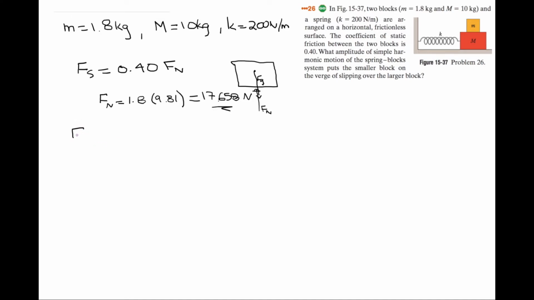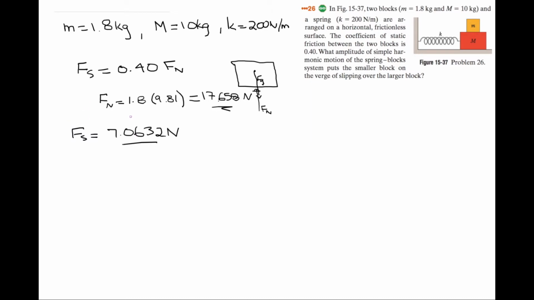That means our maximum static friction force, right when the block is about to slide, is equal to 0.4 times Fn, which is 7.0632 newtons. So we're looking for when the friction force is 7.06 newtons.